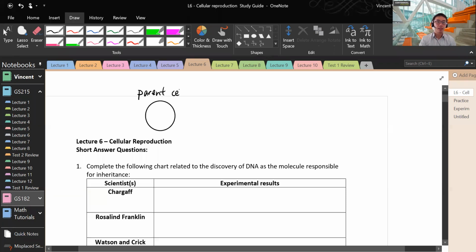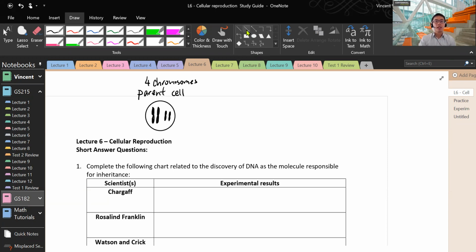Let's just say, for simplicity's sake, the parent cell has 4 chromosomes. So one pair of chromosome 1, and then it will have one pair of chromosome 2. So this is a parent cell, a total of 4 chromosomes.